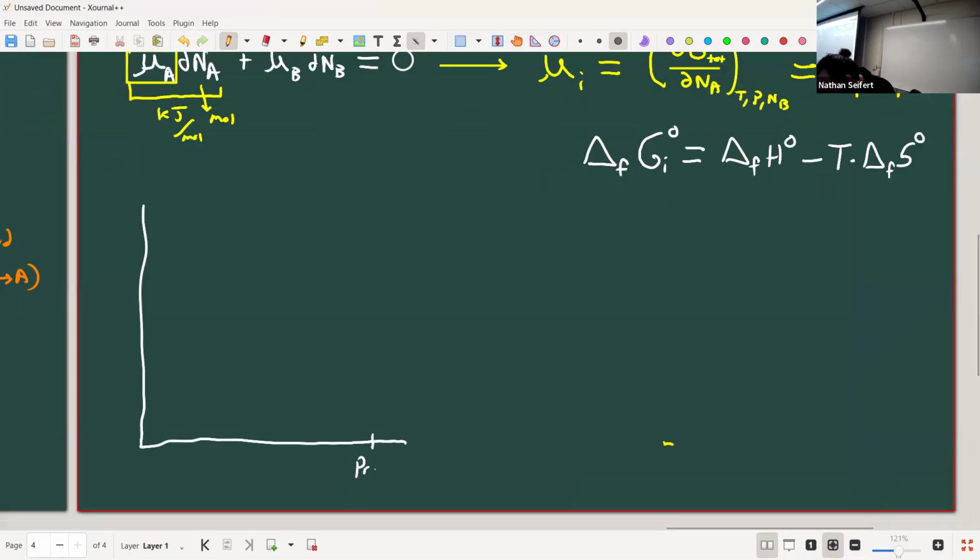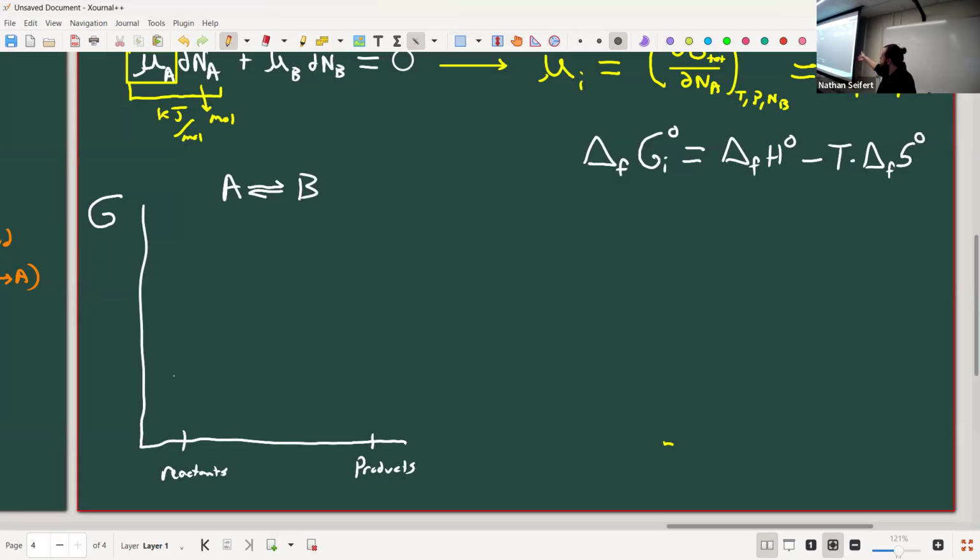Here's the products, here's the reactants, and on the y-axis we measure delta G, or we'll just call it G, Gibbs energy. So let's say we're just looking at A to B. Very, very simple reaction. We'll do something a little more complicated after this.